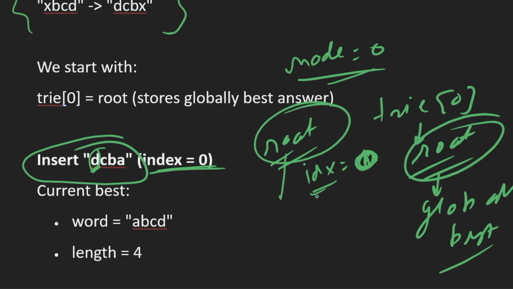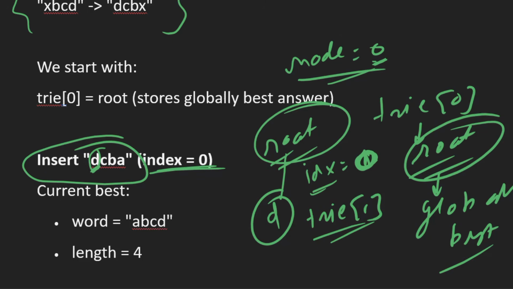So we create a node. Earlier a node value was 0, so we next create a node with 1 for child d. It will be stored at trie of 1, right? Then we store c, which will be trie of 2.